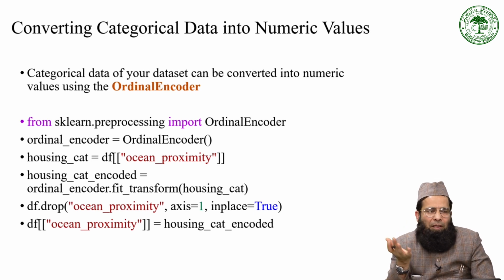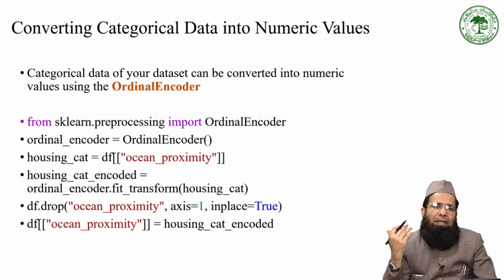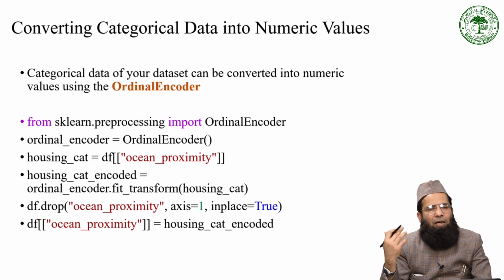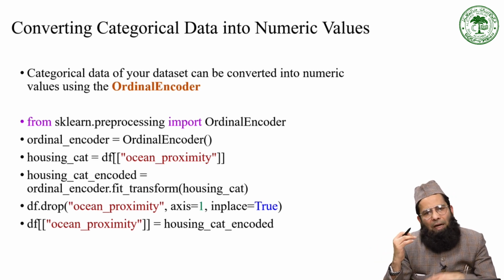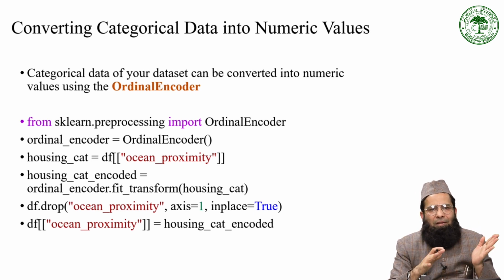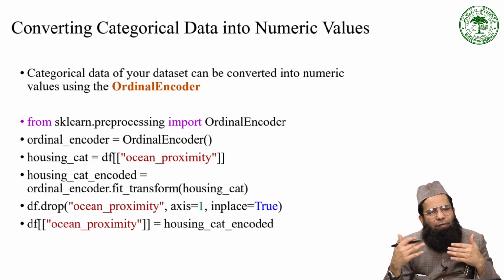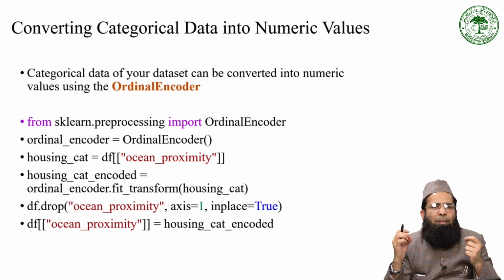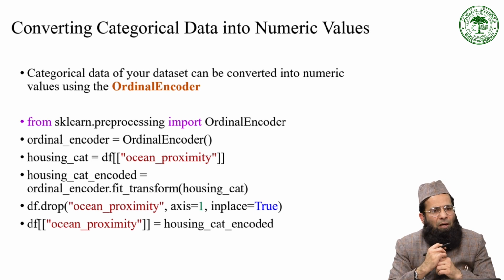And suppose there are certain more categorical data in your data set, especially in independent variables. If you want to convert this categorical data into numerical data, we have different methods inside Sklearn. Categorical data of your dataset can be converted into numeric values using the ordinal encoder.